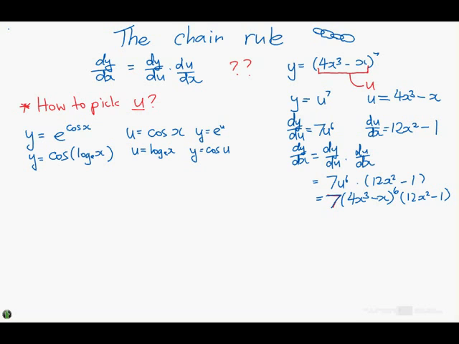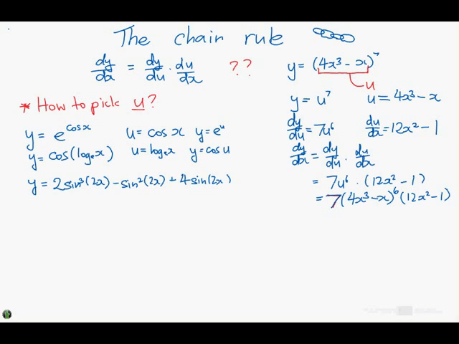Okay, something a little bit harder then. How about y equals 2 sine cubed 2x minus sine squared 2x plus 4 sine 2x?